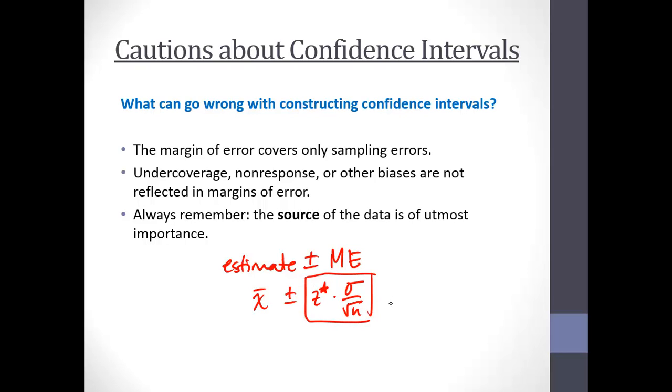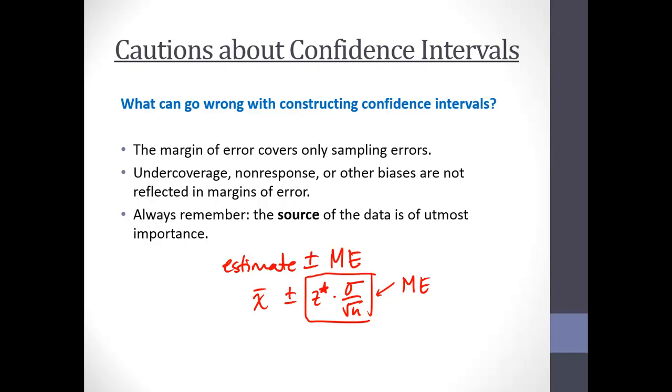And that's my margin of error. Just to comment, theoretically that margin of error only covers sampling errors, errors that happen in sampling, and doesn't really get at the other forms of bias that we've talked about. It goes back to making sure we have a representative sample.